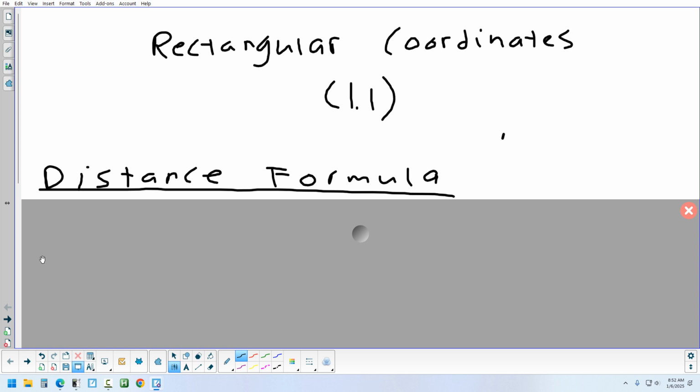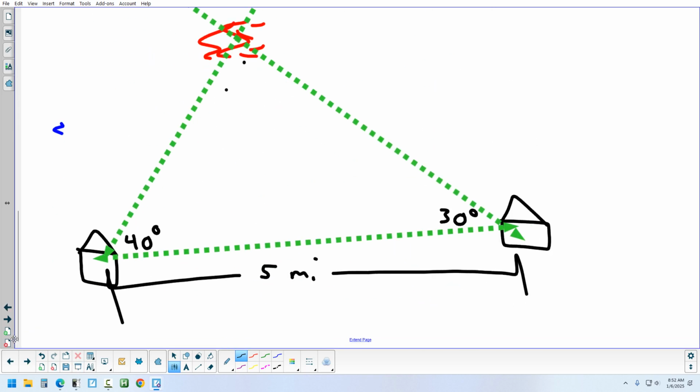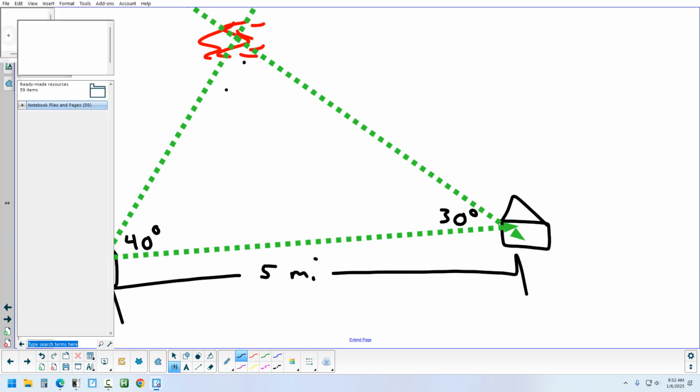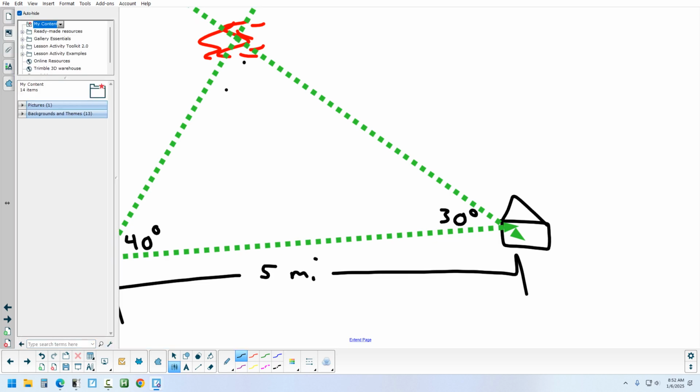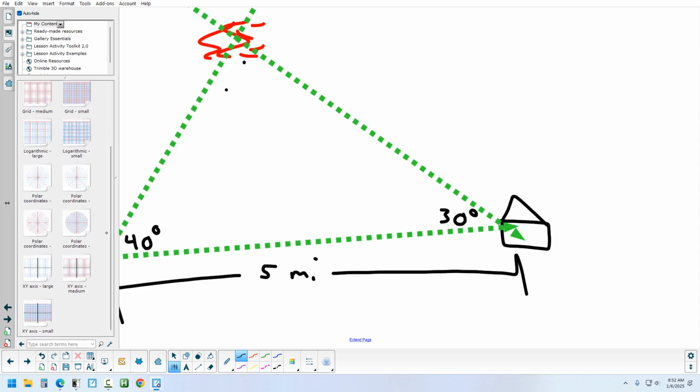And why would you want to find out how far 2 points are? Well, maybe you're doing that map problem where you've got the 2 towers in the forest, and they want to know how far apart the towers are. Well, if the towers are on an angle like that, and you put a grid in there, it's not going to be super easy to figure out the distance directly.